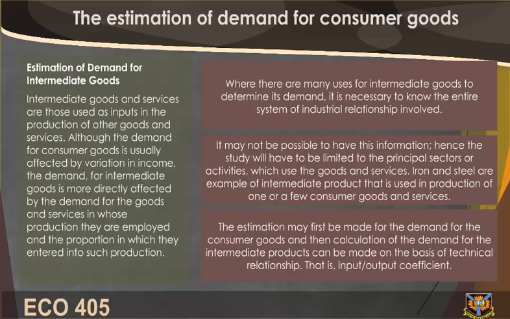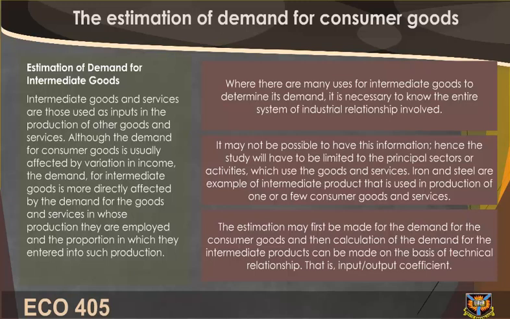Where there are many uses for intermediate goods, to determine its demand, it is necessary to know the entire system of industrial relationship involved. It may not be possible to have this information. Hence, the study will have to be limited to the principal sectors or activities which use the goods and services.